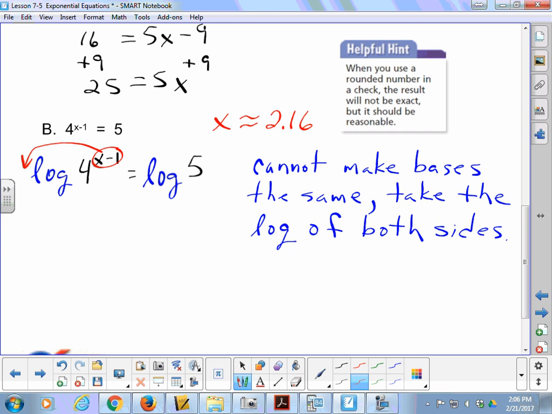So now it's out of the exponent and it becomes a linear equation. Like I said, it gets a little bit tricky.